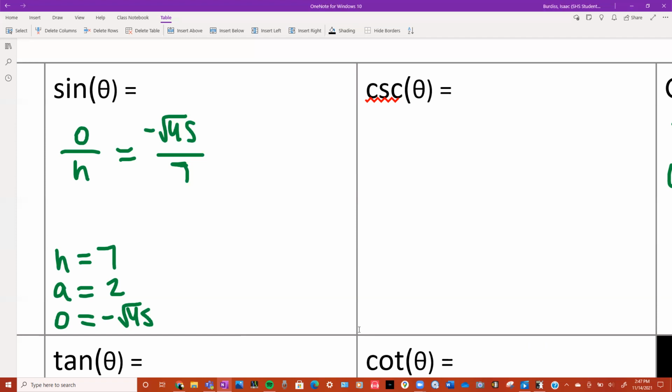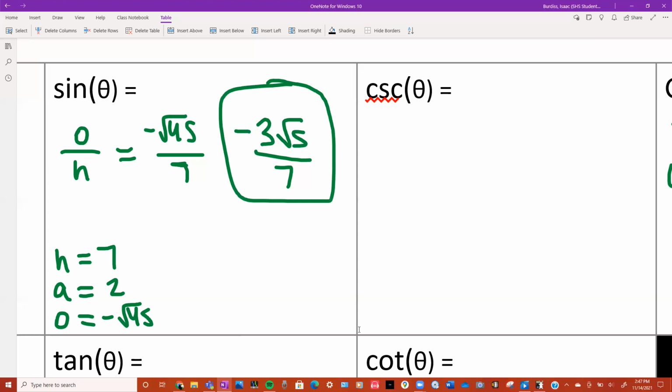Let's not do that. 45 divided by 9 is 5. 45 divided by 16, that's not something we want to use, or 25. So 9 times 5 equals 45. And this is definitely review. So that would give us 3 root 5. I'm not going through this that much because you should know how to do that. But this is the answer for sine of the angle.